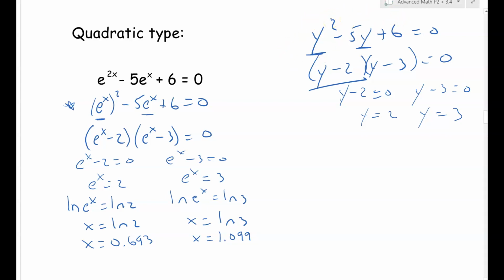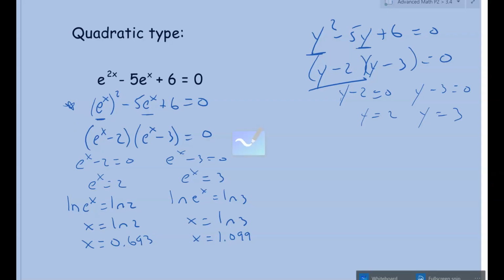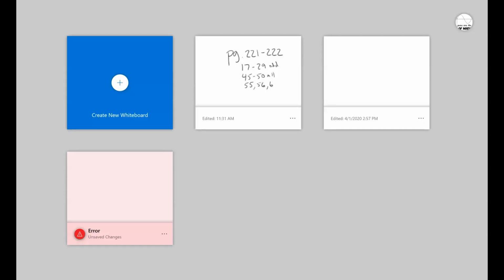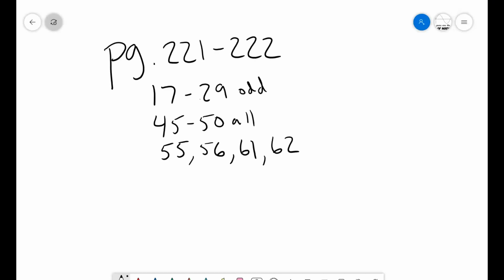All right, so the idea there is to factor. Like I said, I'm only going to give you a couple of them. Most of the other problems are like the previous problem. So let's see where I have this assigned. There it is.